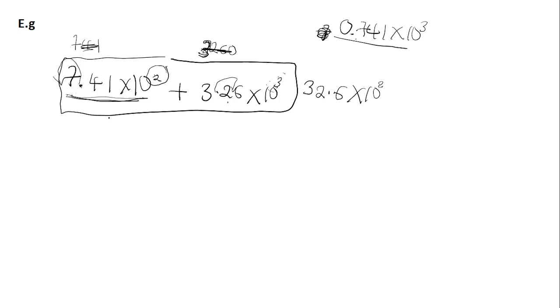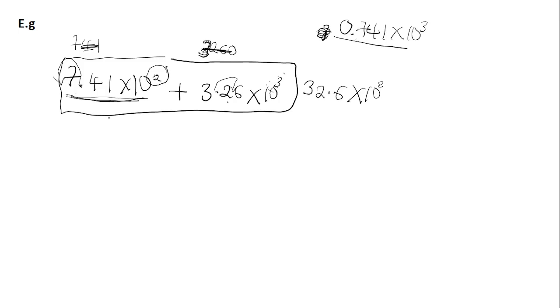Let's make the 2 have the power of 3, because you would prefer the bigger number. So we are going to have 0.741 times 10 to the power 3 plus 3.26 times 10 to the power 3. Now these numbers have the same power and it's easy to add them.